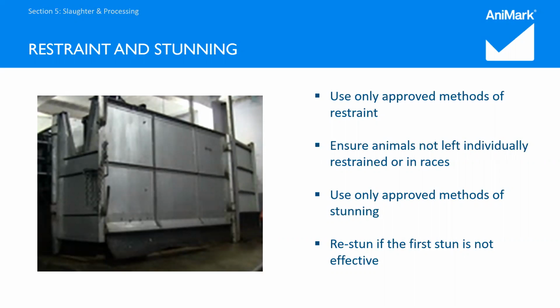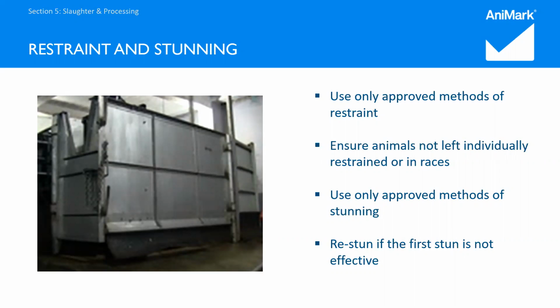Animals must not be left individually restrained or in raceways during any delays or while breaks are taken. Once restrained, animals should be stunned or slaughtered without delay. When animals are stunned, they must be stunned using an approved method.